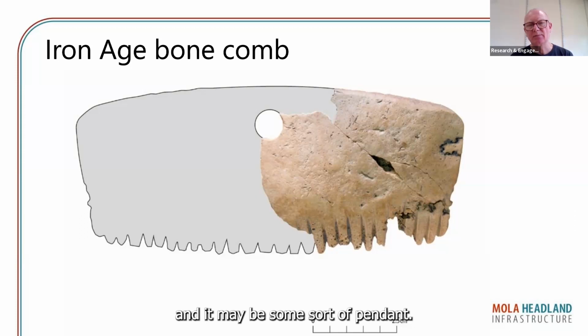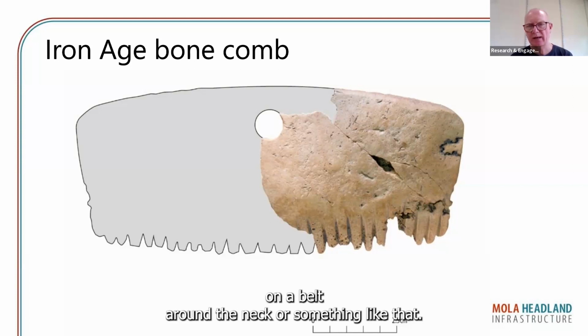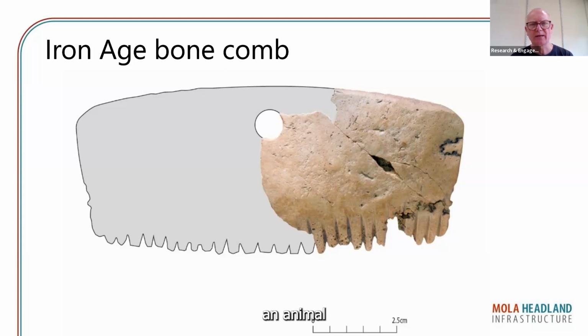And it may be some sort of pendant. It had a hole in the center, so it may have been hung from somewhere on a belt or around the neck or something like that. We don't know exactly what its function was, whether it was used as a comb for an animal or human, a horse perhaps, we don't know.